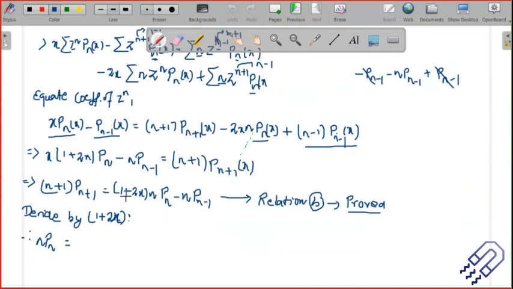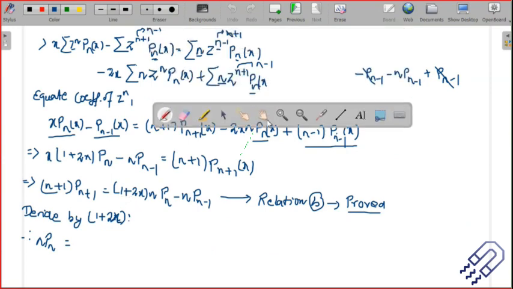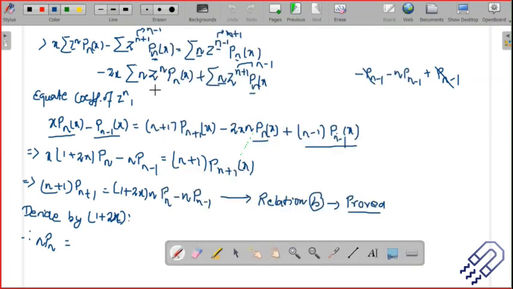This was 2n, right? Let me check. I think I miswrote it somewhere. I have taken x common, right? Yes, sir, x common. Here a mistake happened. 1 plus 2n. This is 2n. Oh yeah, this is a mistake here. Thank you. Okay, so this is x, this is n, correct.